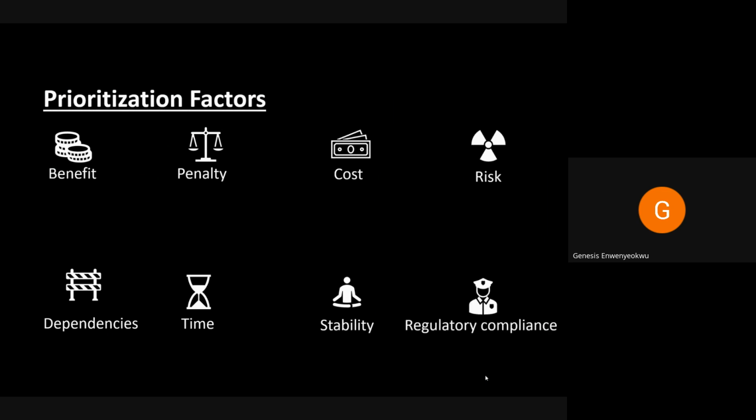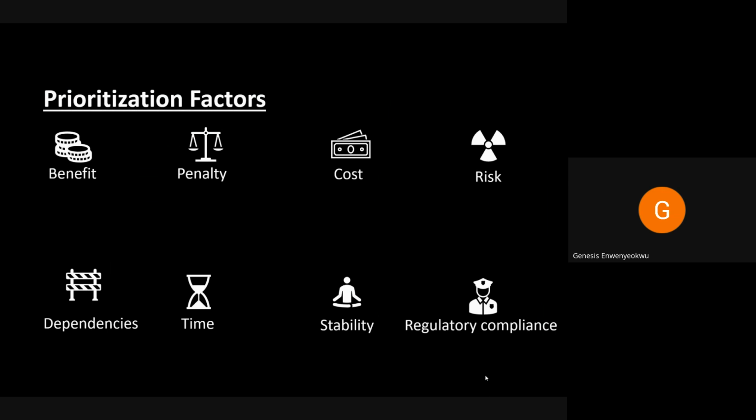The last one is regulatory compliance, right? There are some requirements that even as BAs, when we are writing specifications for solutions, we have to prioritize. An example is regulatory compliance requirements, things like privacy notice, terms and conditions, account terms, and whatever.